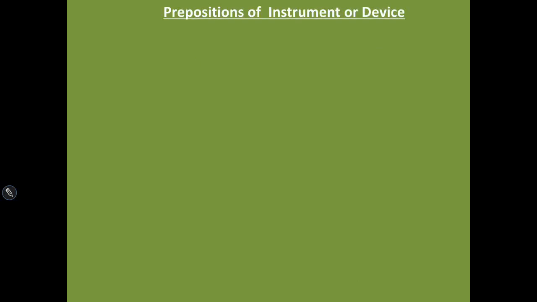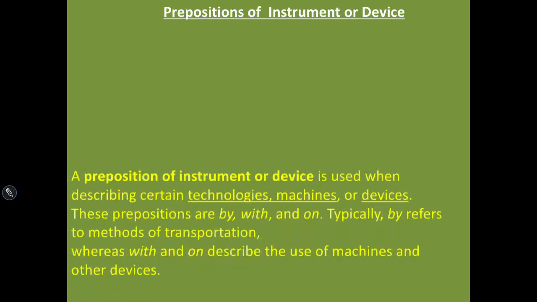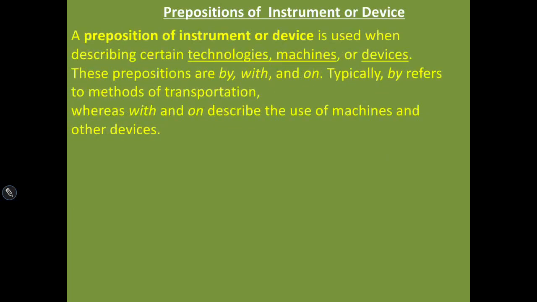Prepositions of instrument or device. A preposition of instrument or device is used when describing certain technologies, machines, or devices. These prepositions are by, with, and on. Typically by refers to the method of transportation, whereas with and on describe the use of machines and other devices.